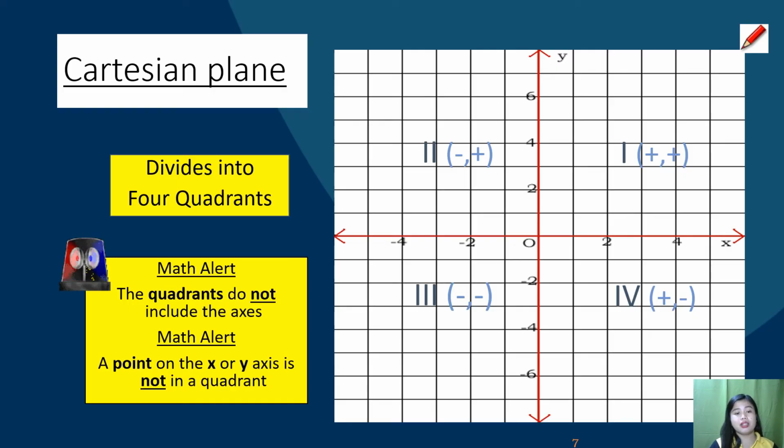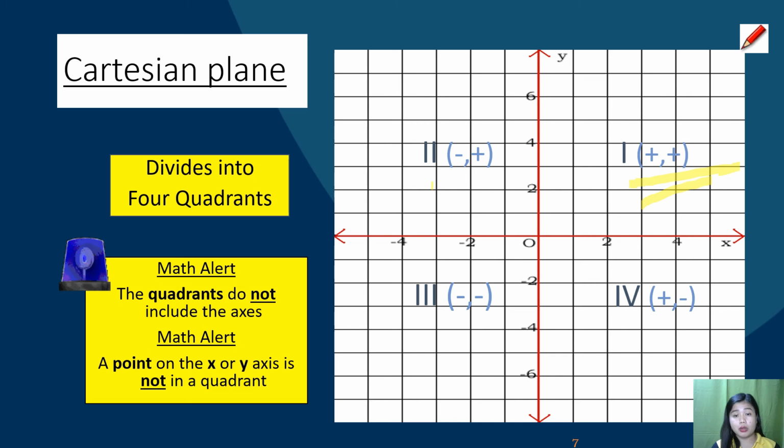The Cartesian plane is divided into 4 quadrants: quadrant 1, quadrant 2, quadrant 3, and quadrant 4. What about the signs of the ordered pairs? If the point is located in quadrant 1, the coordinates are both positive.